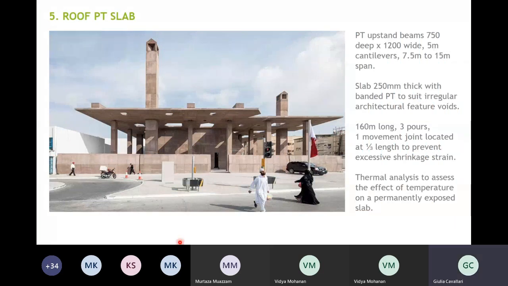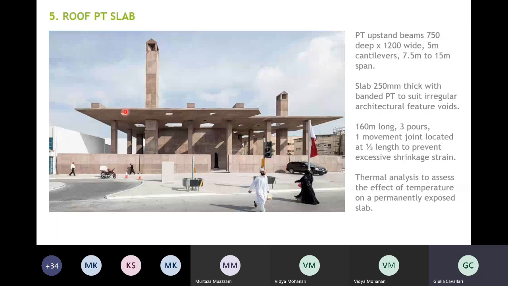So just to summarize, the roof slab system is a flat slab with upstand beams. The beams are 750 deep and 1.2 meter wide. The span is 7.5 meters to 15 meters internal, and some cantilevers are up to 5 meters.